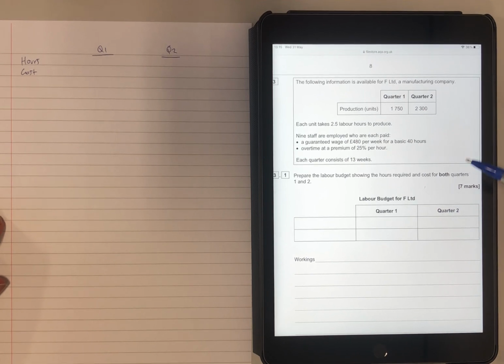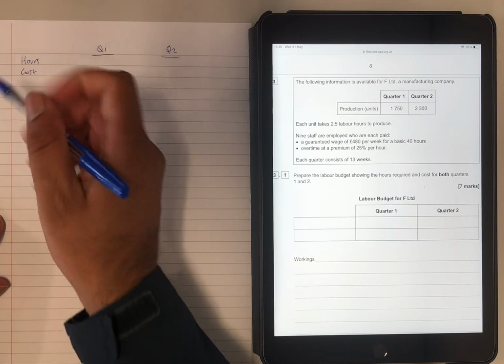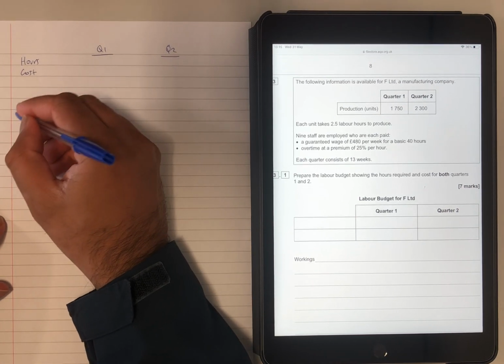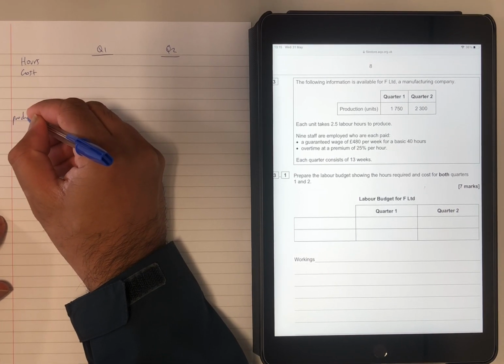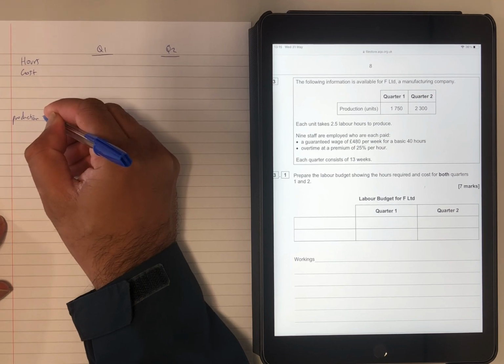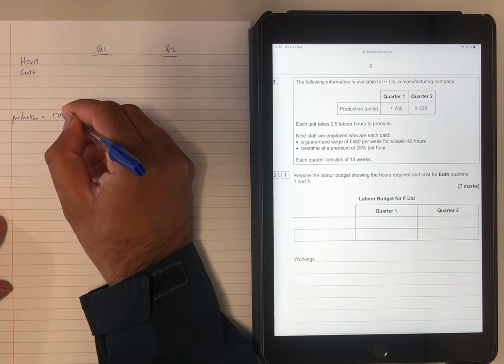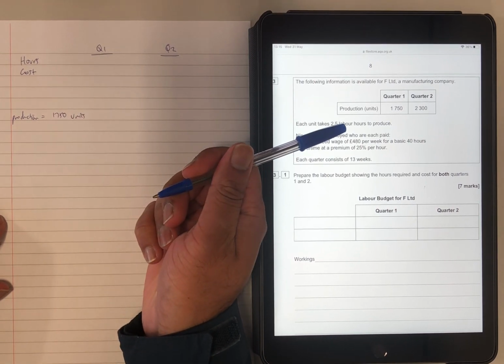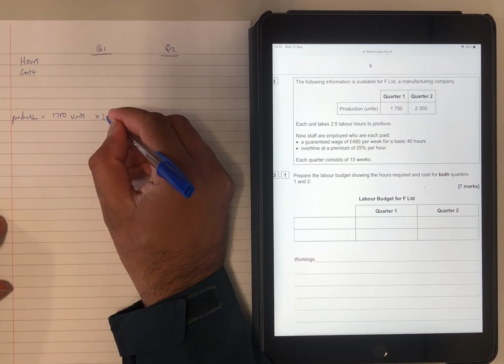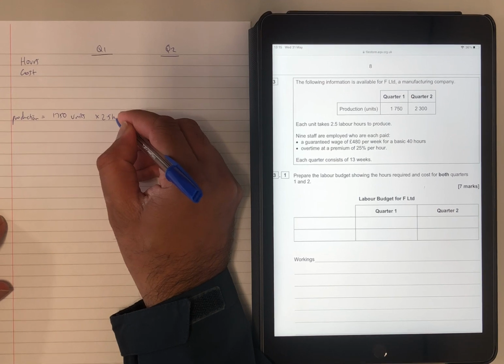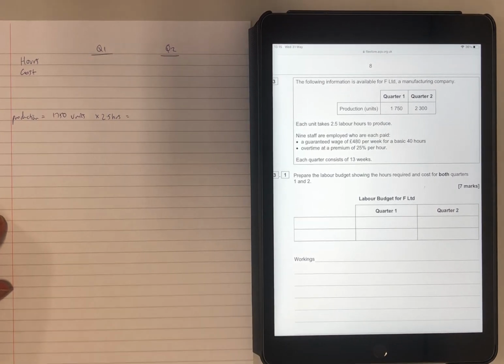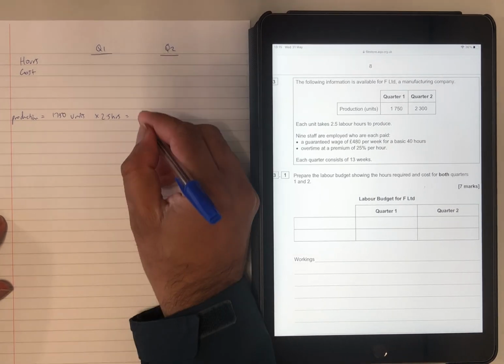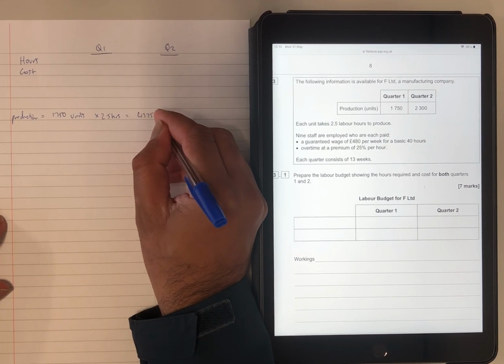So let's get started. In quarter 1, this is our production. We are going to produce 1750 units, and that's expected to take 2.5 hours for each unit, which means we need our staff to work 4375 hours.